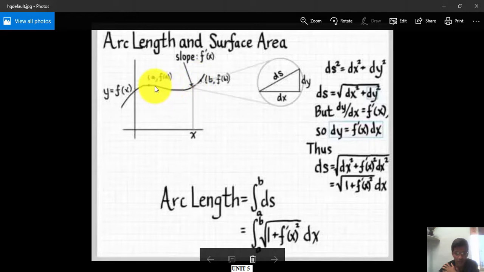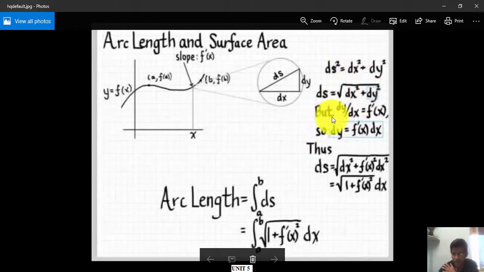Either to find its maximum or minimum, it is minimum, right? So if I take some part of it, by Pythagoras this is ds, drawing a tangent over here like this, right? So it is ds, dx, dy. So ds square is equal to dx square plus dy square, so ds is equal to the square root of dx square plus dy square.